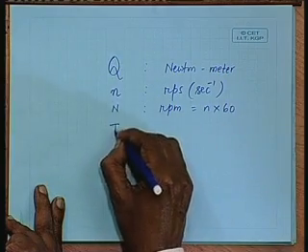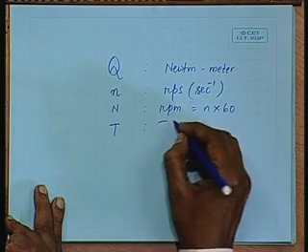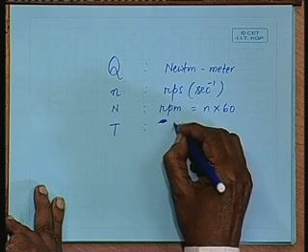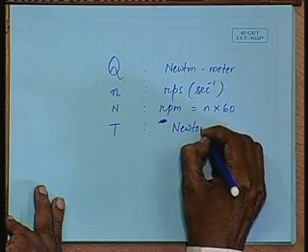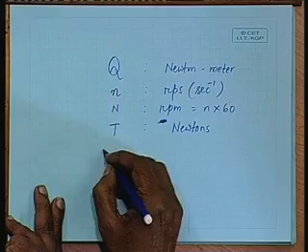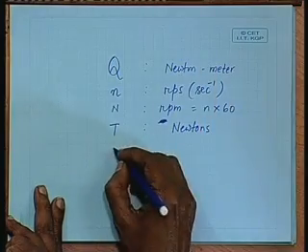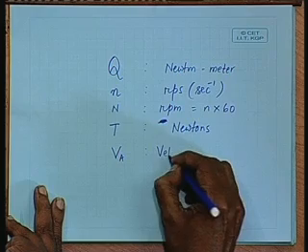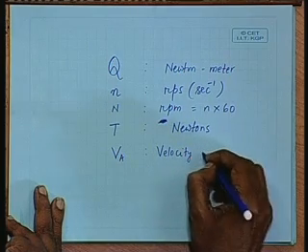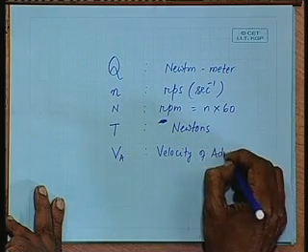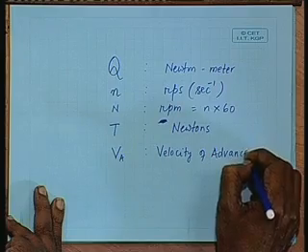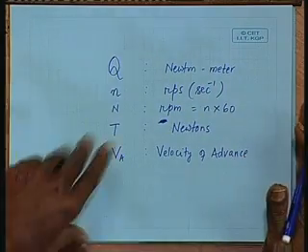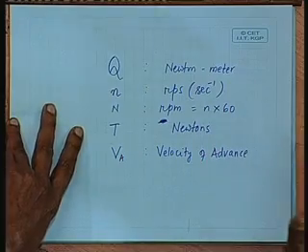And then we have thrust generated, which is called thrust, and the unit is that of force, newtons, and this operates at a speed normally called velocity of advance, VA. Now, this velocity of advance varies as where the propeller is working.